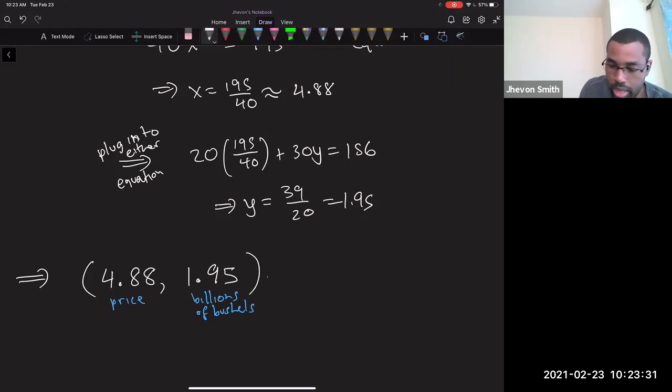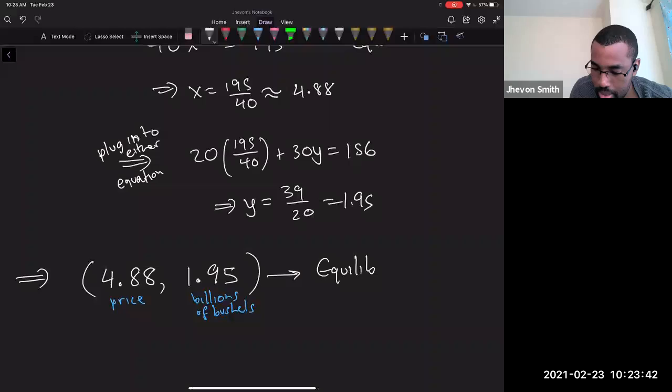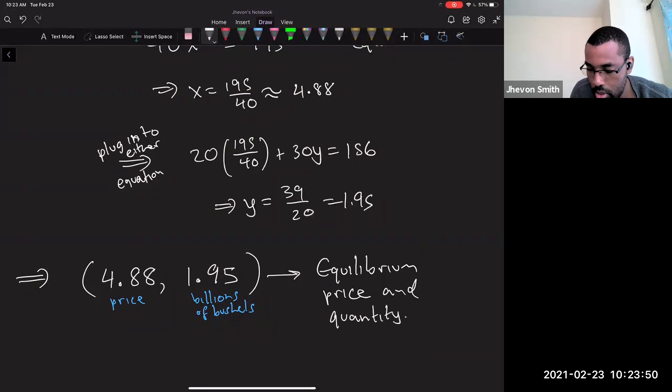And overall, this is the equilibrium price and quantity. If we sell it for this price and make this much, we won't have scarcity or excess. Everyone's happy. And we can obtain that by solving a system of equations.